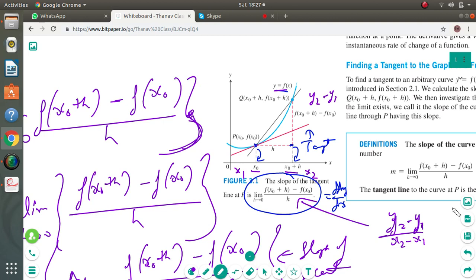But how do you substitute it and calculate it? Because if h is equal to 0, you can't divide anything by 0, no?